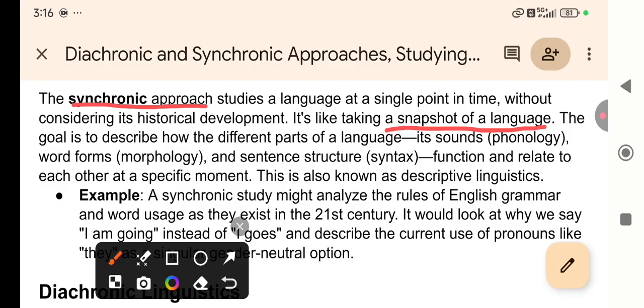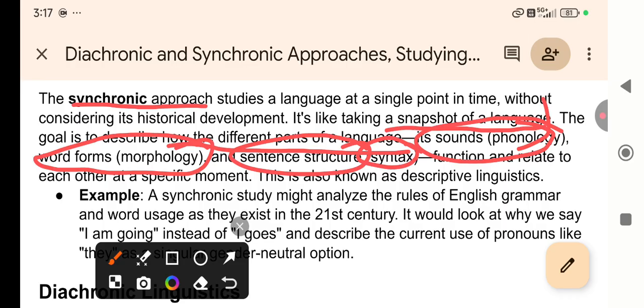The goal is to describe how the different parts of language work: for example, phonology means the study of sound, morphology means the study of words, and syntax means sentence structure.